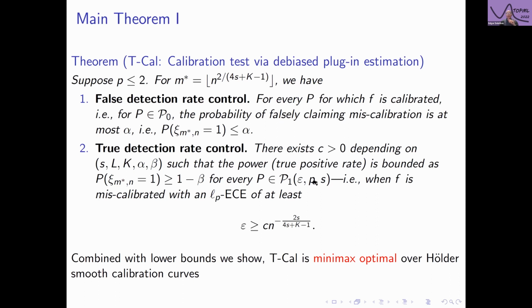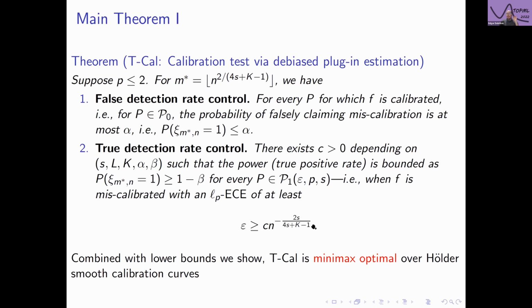I'd like to make a comment again. If you remember from Francis Bach's talk, he was talking about smoothness as an inductive bias. And here the dimension is k minus 1 because it's a k minus 1 dimensional simplex.